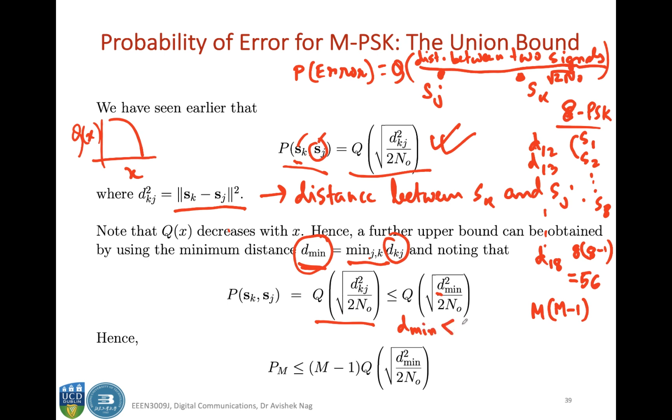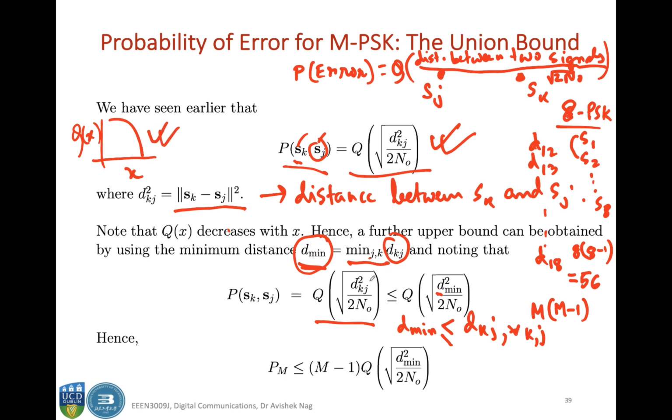Since your d min is the minimum of these dkj's, d min will be less than or equal to dkj for all k and j. So you can use this property of the Q function.